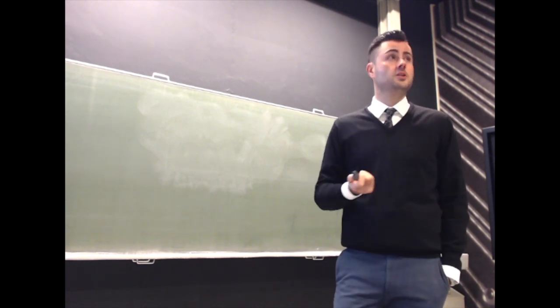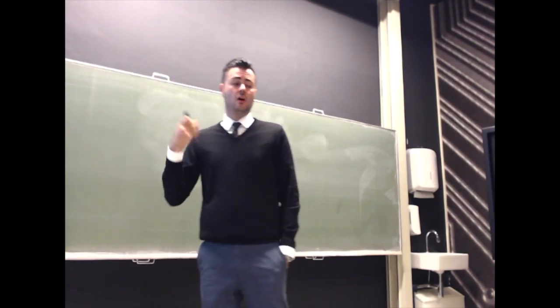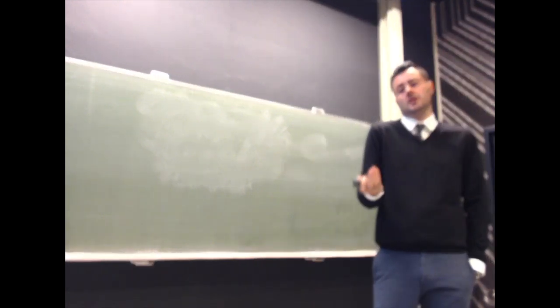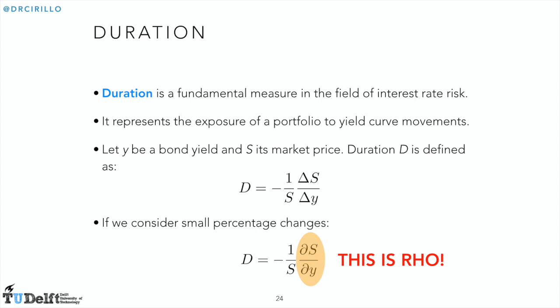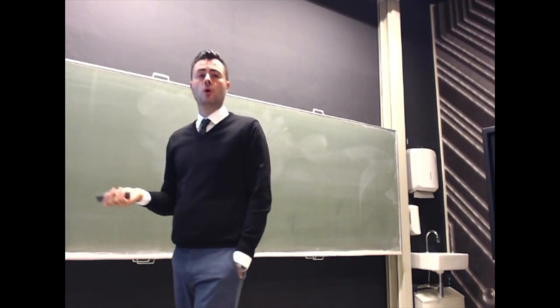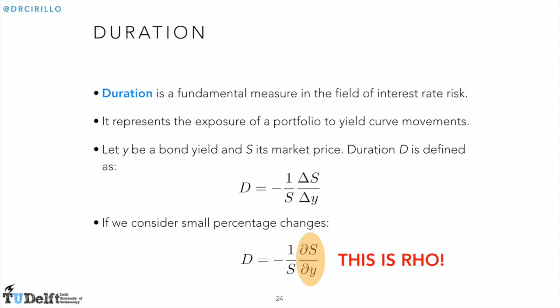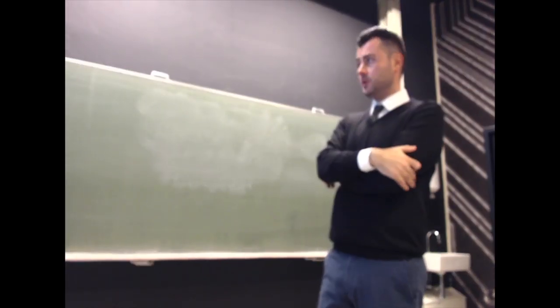You see that duration is minus 1 over S, the sensitivity of the asset we are considering with respect to the yield. And the yield is the interest rate. Okay? So dS/dY is nothing more than rho. But when we play with interest rates, we tend not to use rho alone, but as one of the components of duration.